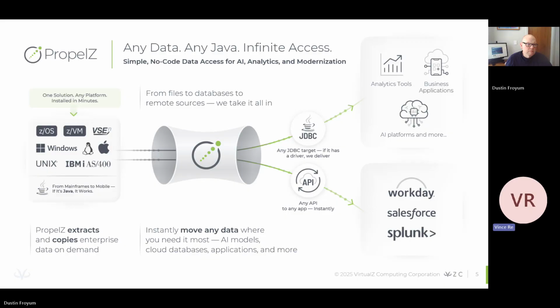So with PropelZ, you can give us a little bit of metadata that describes what those records look like. And then we use that to parse through the records and restructure them in the way that's going to make sense on the target.